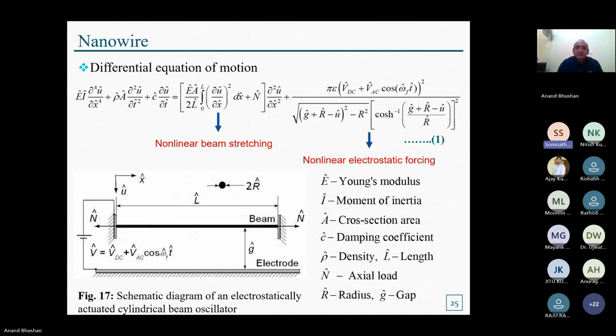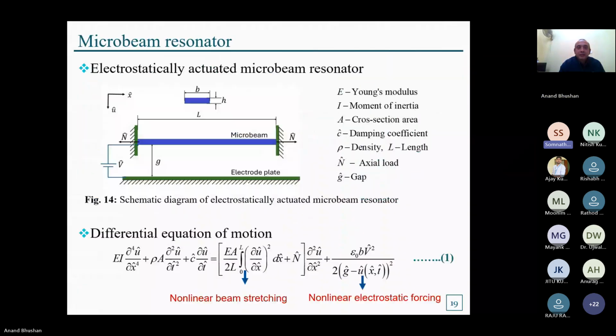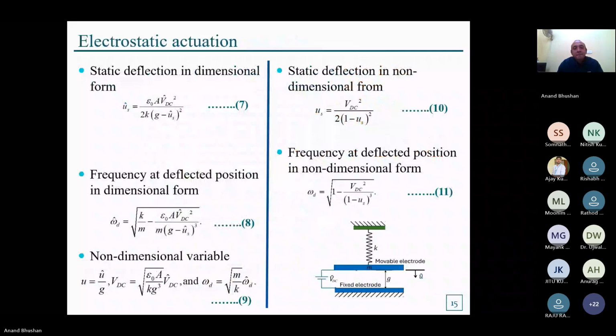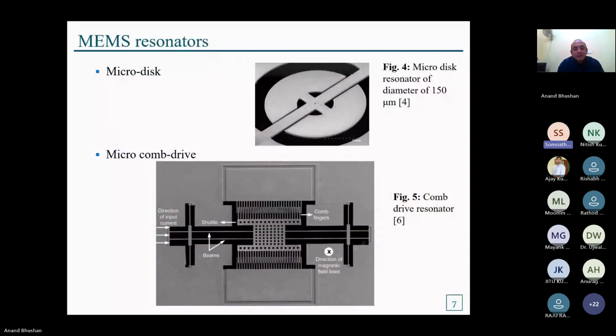Now, Dr. Bhushan, I'll request you to go to that comb part. You talked about the comb drive actuator in the initial part, the comb resonator. Yes, sir. This one is very interesting. It has huge application in our everyday life, like in our mobile phone.